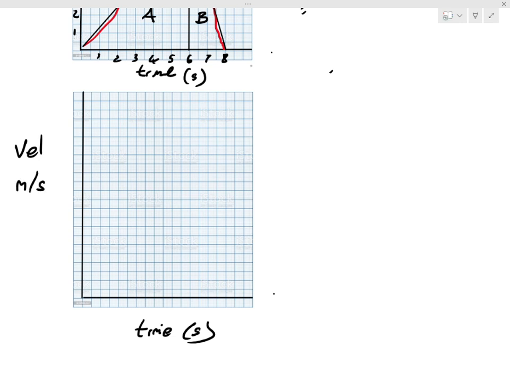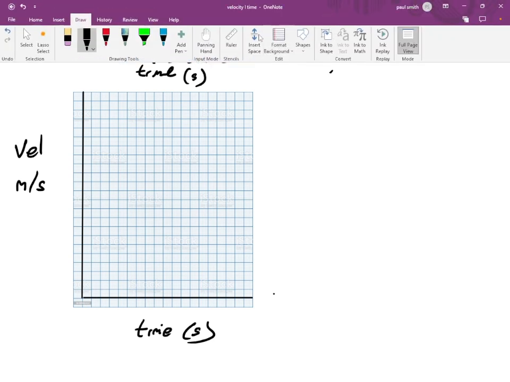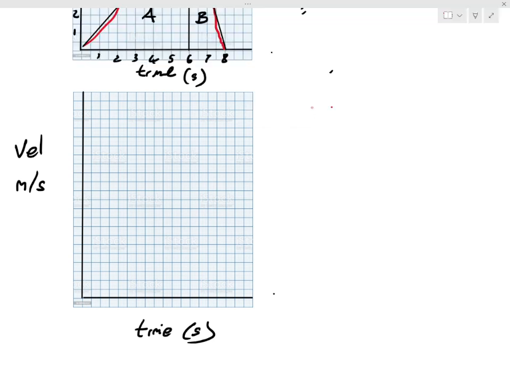Now, you might have to work out a graph like this, yeah. So 1, 2, 3, 4, 5, 6, 7, 8.